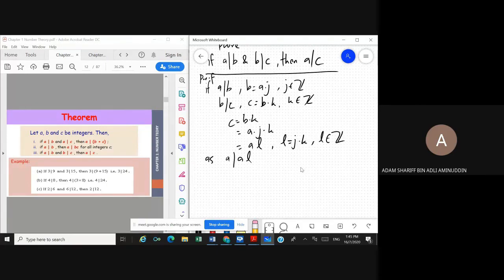AL is C. A is also a factor of C. The proof is complete. Now, it seems that it's not really that hard to prove a theorem of divisibility if you know the know-how. Now I open to questions.